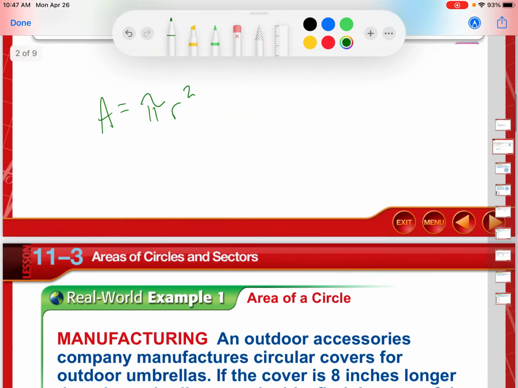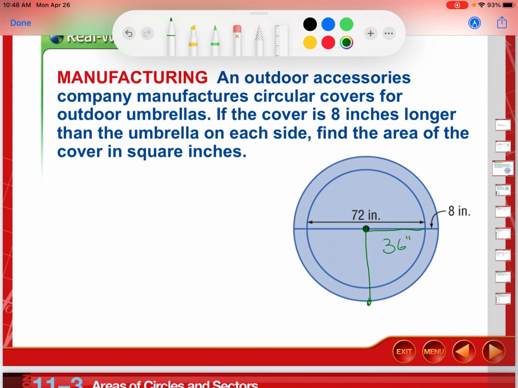which means the diameter of this cover, which, that's not really an accurate drawing there. So the diameter of our cover would be 36 plus 8, which would be 44 inches. To find the area of our cover, we would do pi times radius, which is 44 squared. So 44 squared equals 1936 pi inches squared.